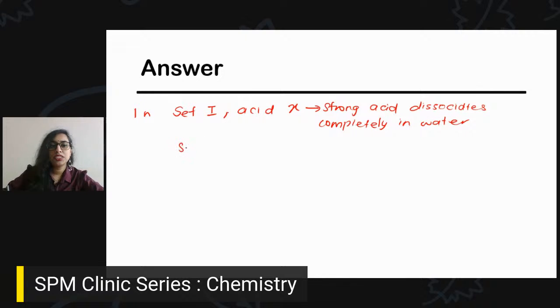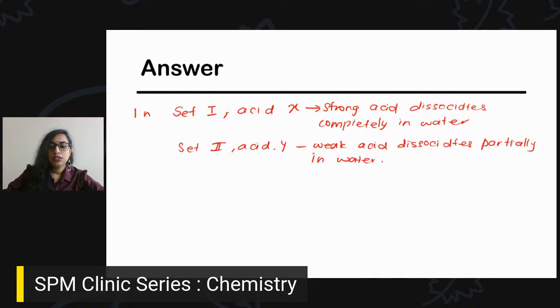And for set 2, acid Y is a weak acid. So a weak acid dissociates partially in water.